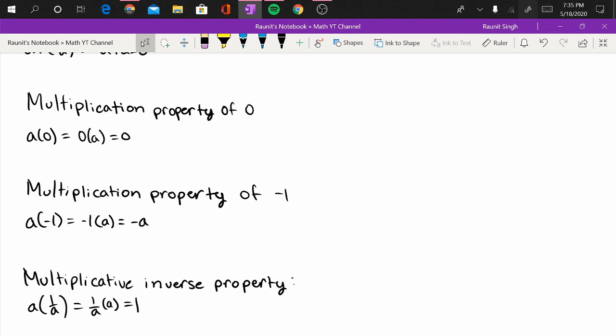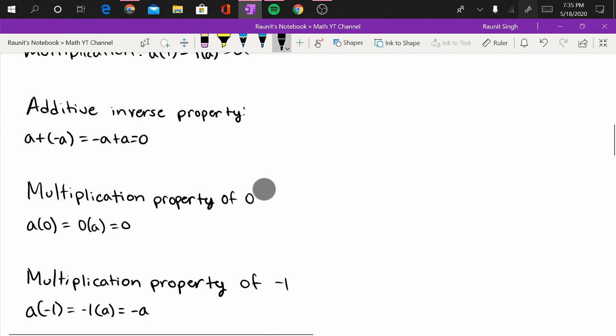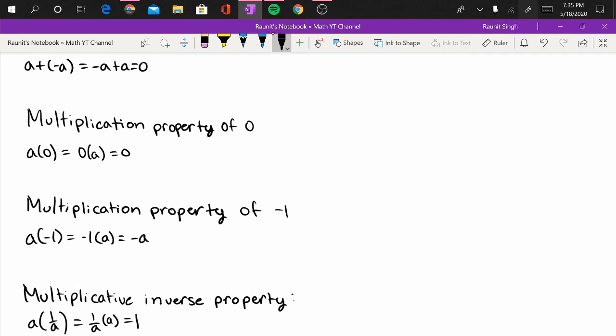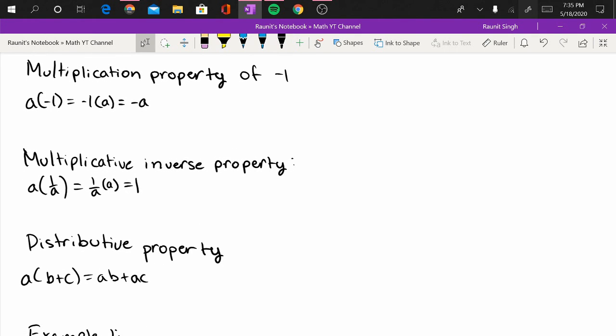So now we're going to be talking about the multiplication property of 0. And this one is essentially the same thing as the additive inverse property, but we just have to ask what number can we multiply to a number to make the product 0. And that would be 0. So now we're going to move on to the multiplication property of negative 1.